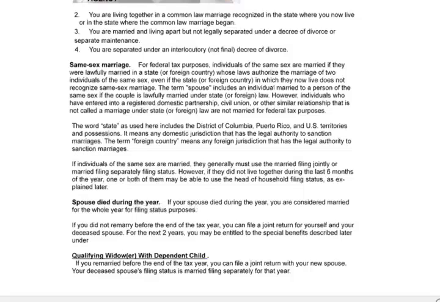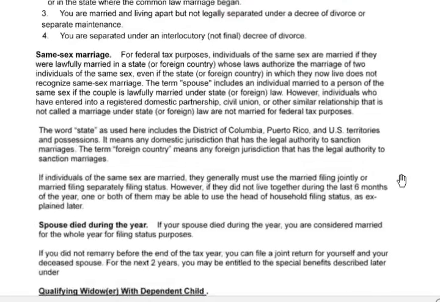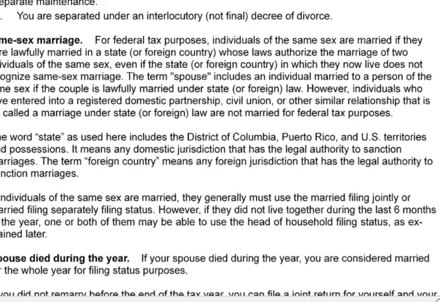Okay, so same-sex marriages, this is where we're at right in here. Same-sex marriage. Let's see if we can bring this in closer. For federal tax purposes, individuals of the same sex are married if they were lawfully married in a state or foreign country whose laws authorize a marriage of two individuals of the same sex, even if the state or foreign country in which they now live does not recognize same-sex marriages.